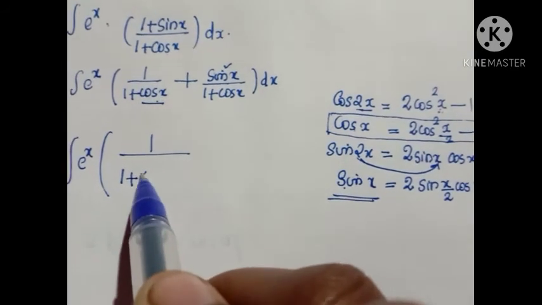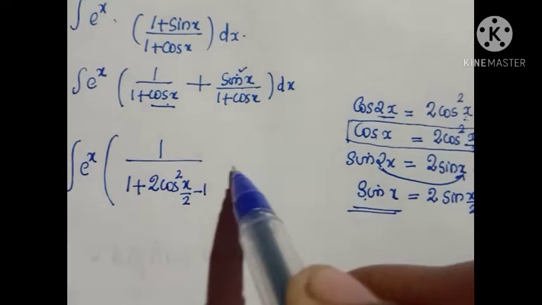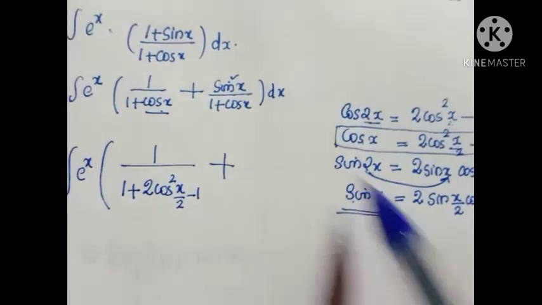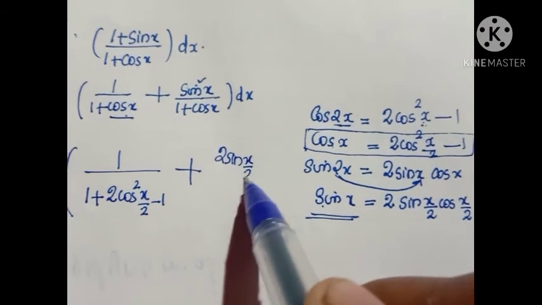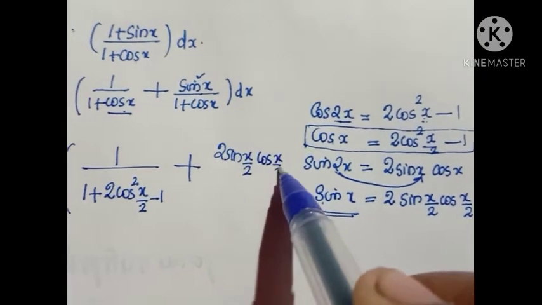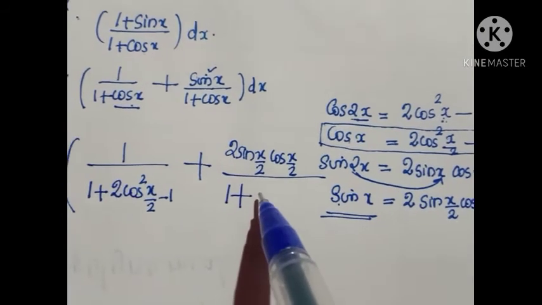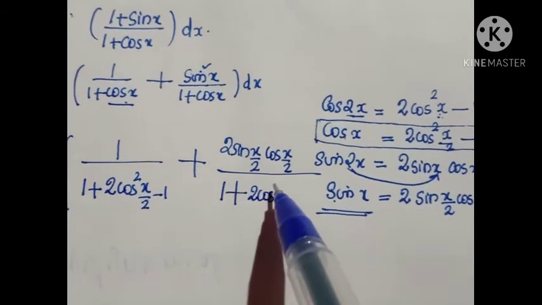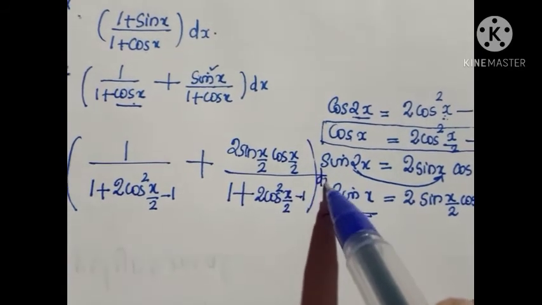Cos x is 2 cos square x by 2 minus 1 plus sin x, 2 sin x by 2 cos x by 2, by 1 plus, again cos x becomes 2 cos square x by 2 minus 1 dx.